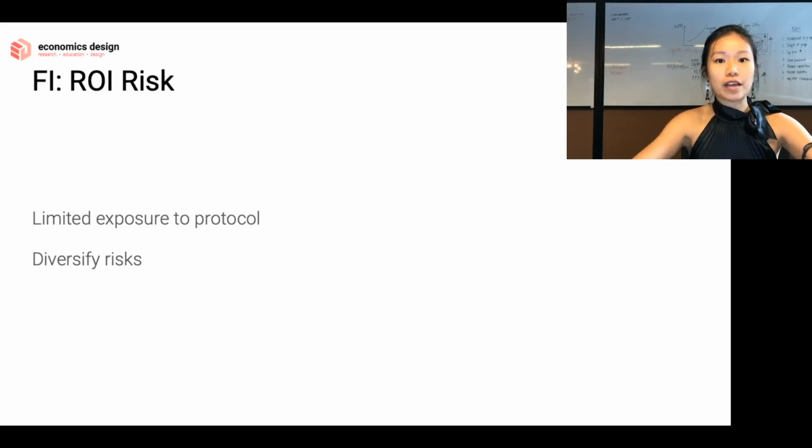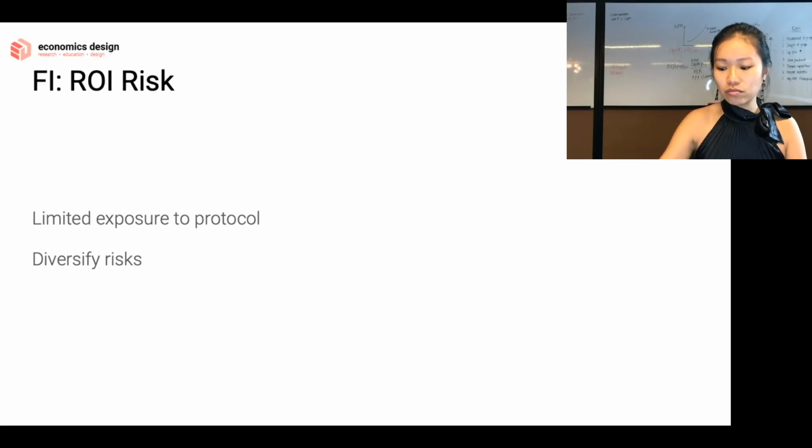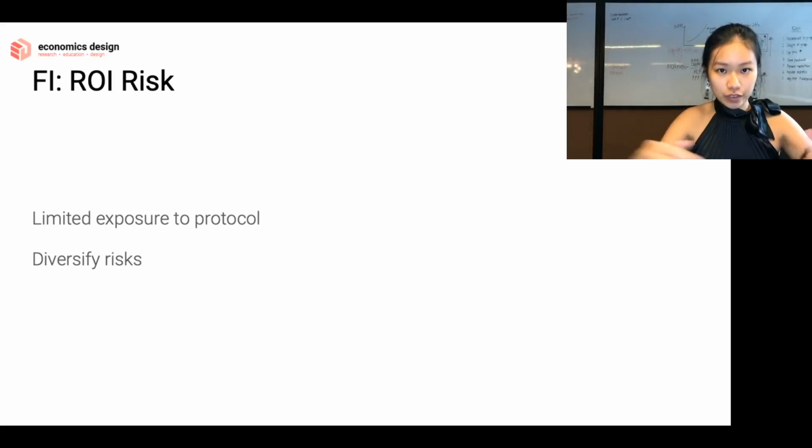You really want to diversify your risk. And one way to do that is having a hard limit, saying that of 100% of the funds available, I only want to use 10% maximum to cover each protocol, or to cover a segment of protocols.